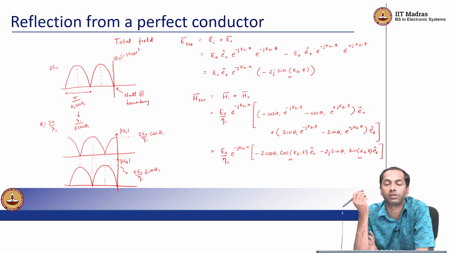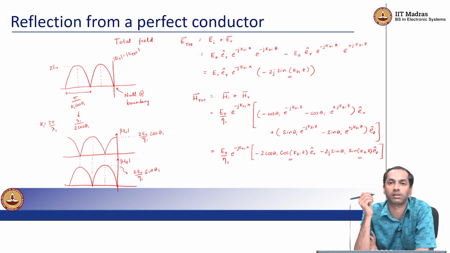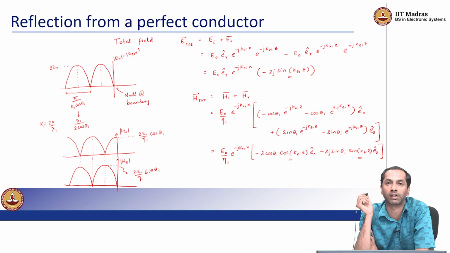So, if I were to ask you questions like what is the surface current density on the perfect conductor in the case of an electromagnetic wave incident at some arbitrary angle, you should be able to get the boundary value for your magnetic field, and you can use the boundary condition to tell me what is the surface current density, right.